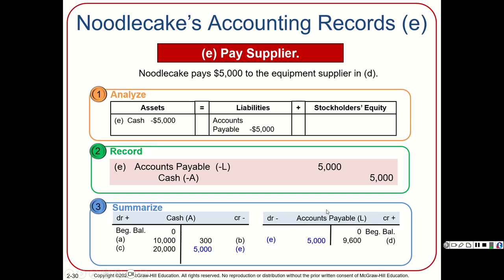The accounts payable is a liability. Look at the plus and minus signs. This side, the debits increase cash, the credits decrease cash. On the other side of the equation, debits decrease payables and credits increase. Another way to say that, the left side decreases and the right side increases.